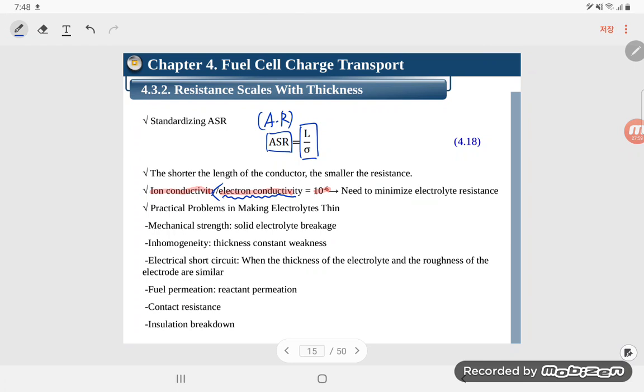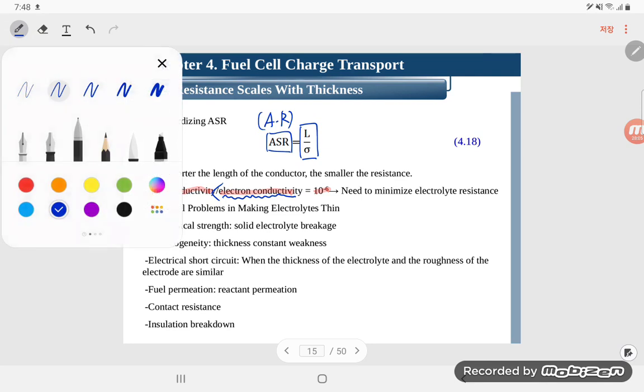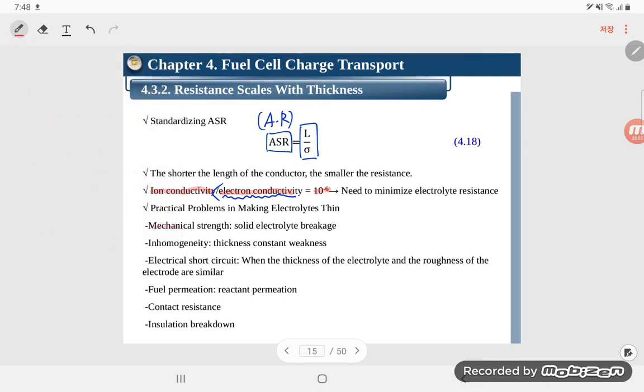And there are practical problems in making electrolytes thin. The first one is mechanical strength. Breakage can cause a short circuit or put the fuel cell out of order.